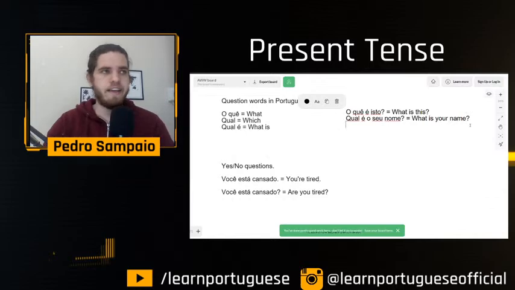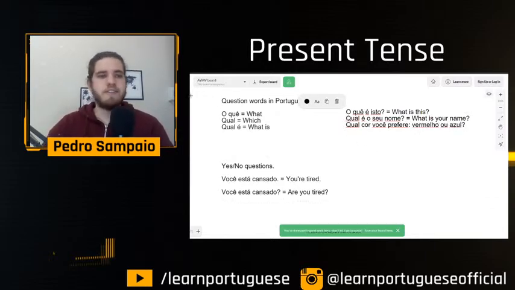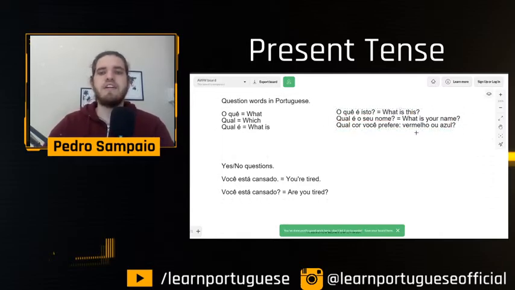So if I want to say, qual cor você prefere? Vermelho ou azul? So as you see, I give you choices. My question, which color do you prefer? Red or blue? So we use qual. Notice that we just use qual. We do not use any verbs.